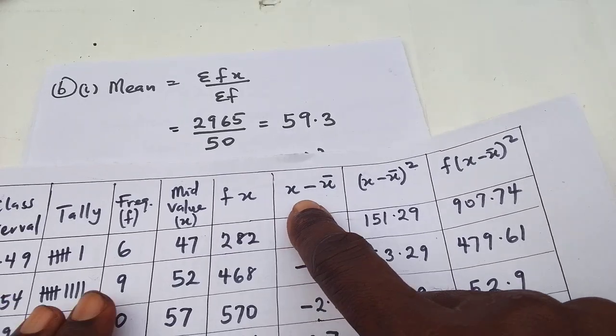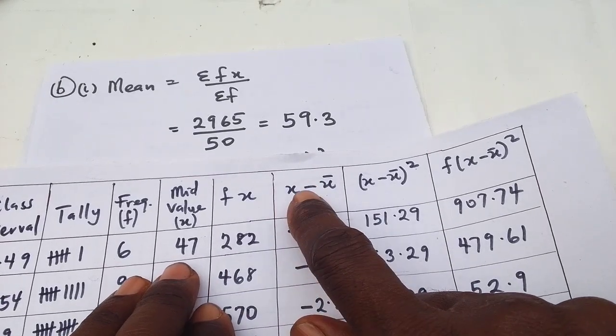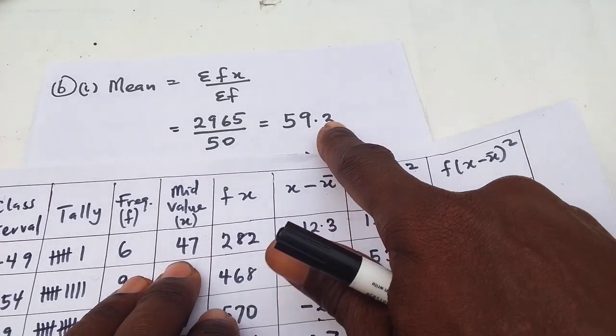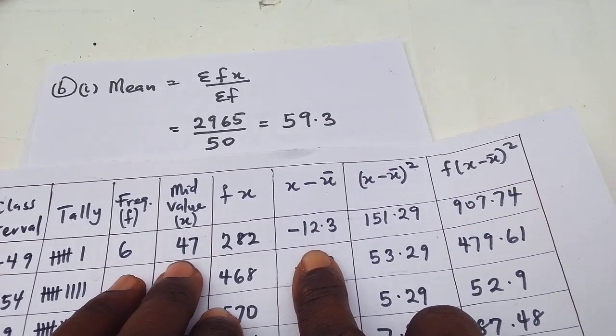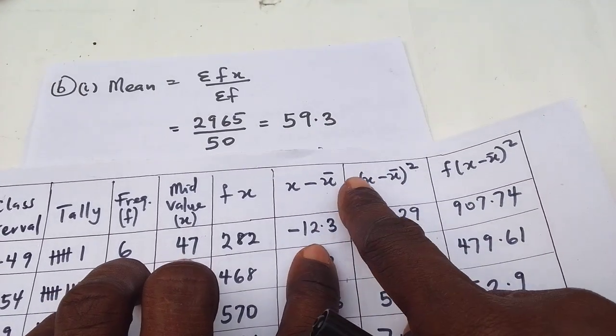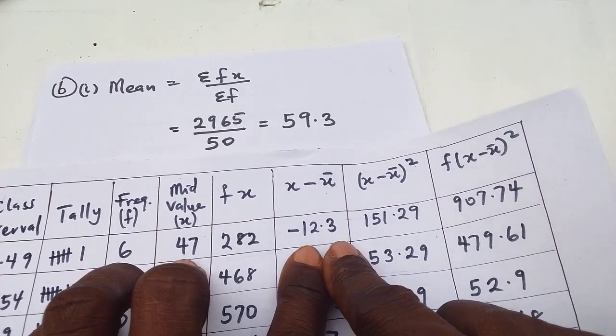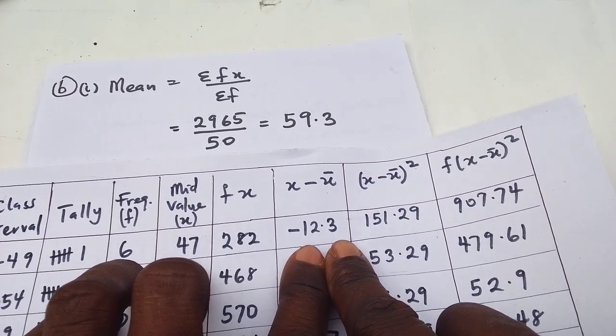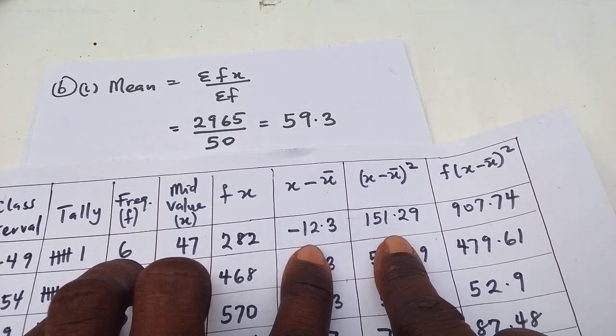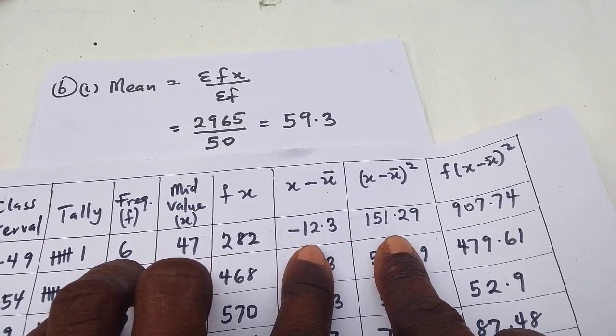So now when our x is 47, you say 47 minus 59.3 will give you minus 12.3. So (x minus the mean) square, minus 12.3 squared, that is minus 12.3 times minus 12.3, will give us 151.29.